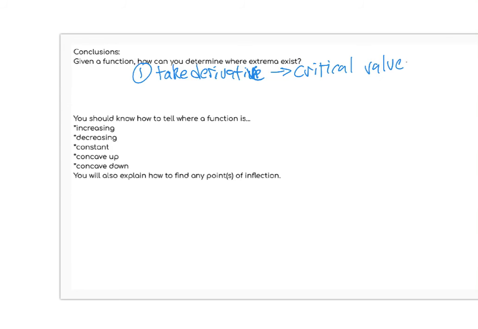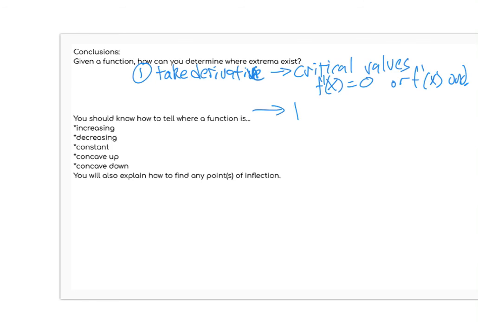Critical values are values when f prime of x is equal to 0 or f prime of x is undefined. These are things that we have to then check to see if they are positive or negative in terms of first or second derivatives.